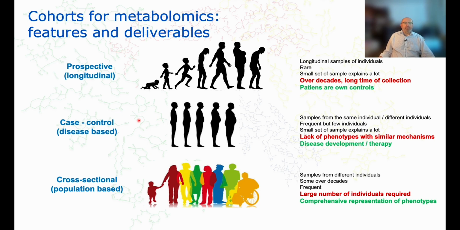In a case control or disease-based cohort, a specific indication is being observed, and different cohorts may cover completely different indications. The advantage of this cohort is that the disease development and the use of different therapies could be monitored very exactly.